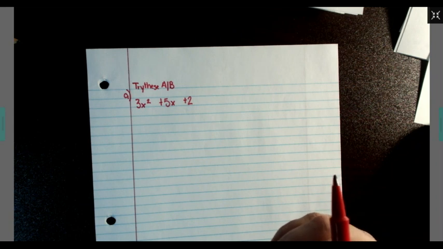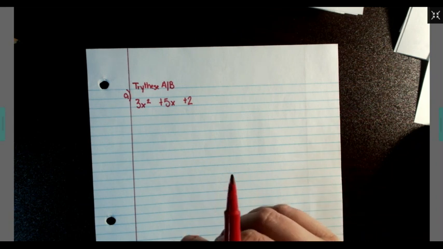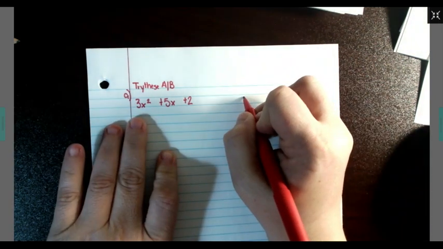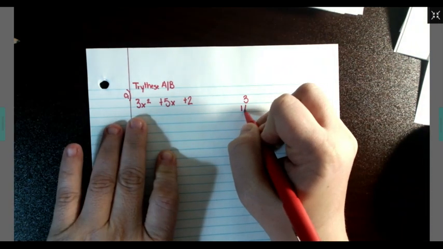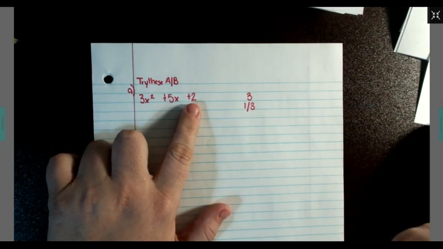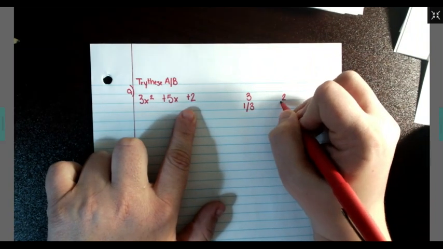I want to think about my coefficients for A. My factors of 3 are 1 and 3. Those are the only 2 possibilities. What are my factors for 2? 1 and 2.